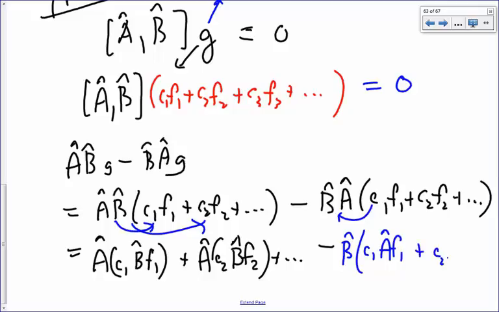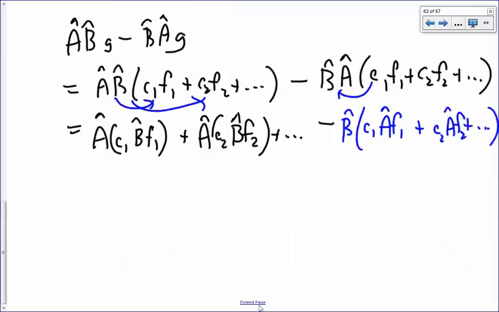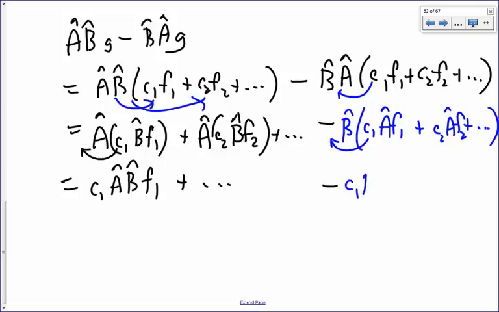Plus C2 A hat F2, plus and so on. So what do I get here? I can pull out my C also, right? So that's C1 A hat B hat F1 plus, and over here minus, I can pull out my constant C1 B hat A hat F1 plus and so on, right?